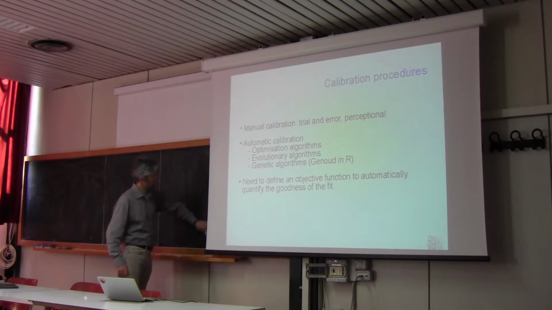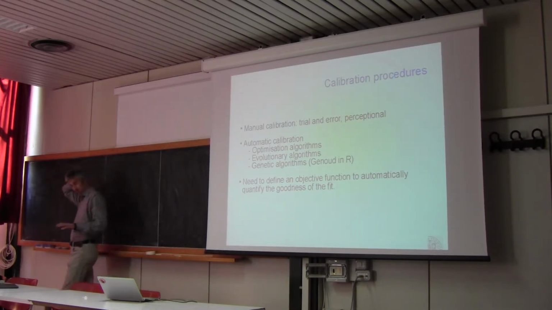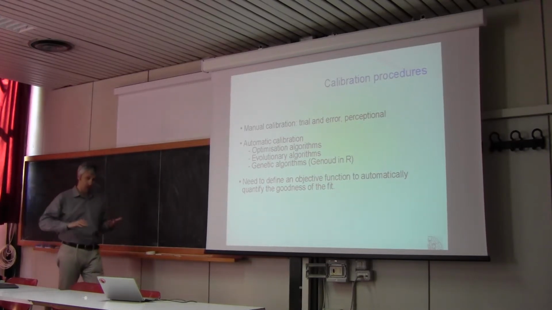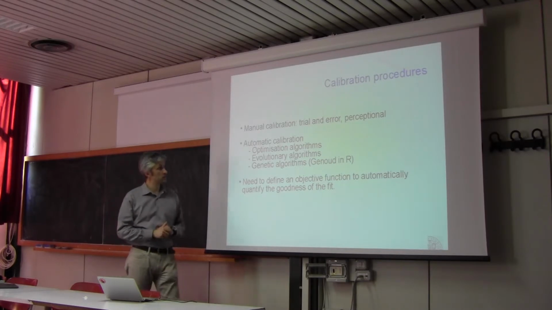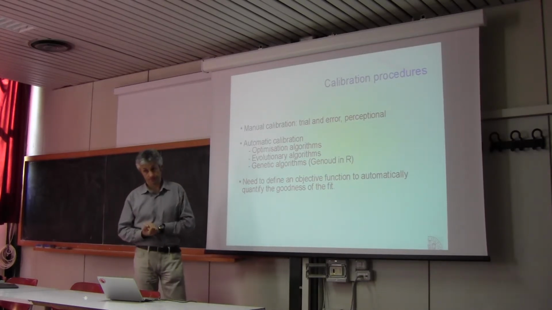You have to know well the model, especially if the number of parameters increases. And therefore, if you really know well the model, then you may be able to perform a good trial and error calibration.